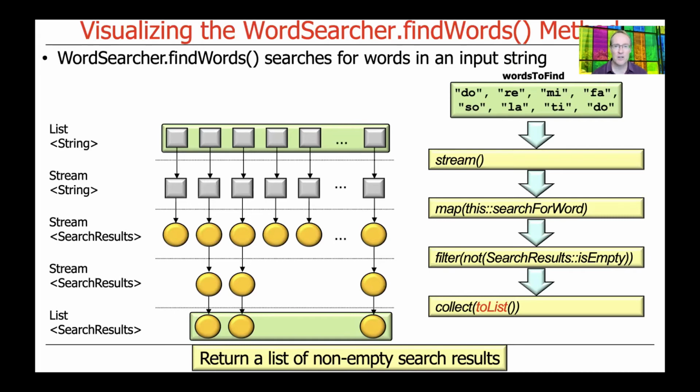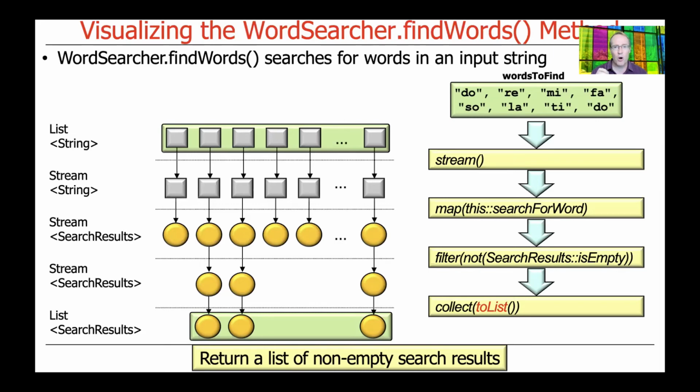And later on, we'll see that there's other factory methods like toSet and toMap and so on that you can use to create other kinds of collections besides lists. toList just creates a list that's implemented under the hood as an ArrayList. So what comes back from this particular method will be a list of non-empty search results. And of course, if there are no search results whatsoever, then it'll come back with an empty list. But in this case, it'll come back with a list for each of the words because they're all in the lyrics for the Do, Re, Mi song.